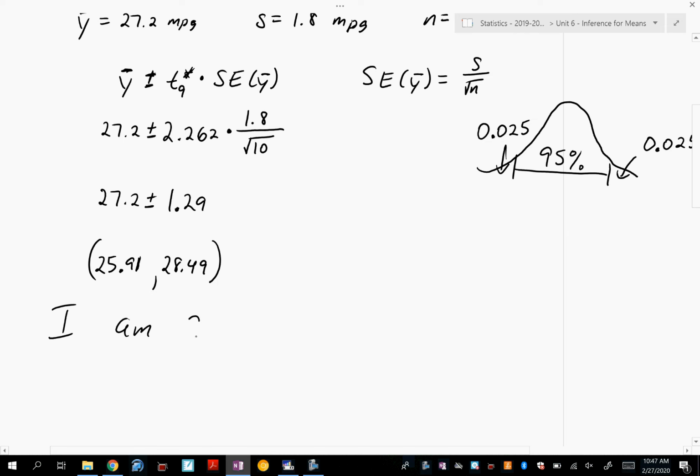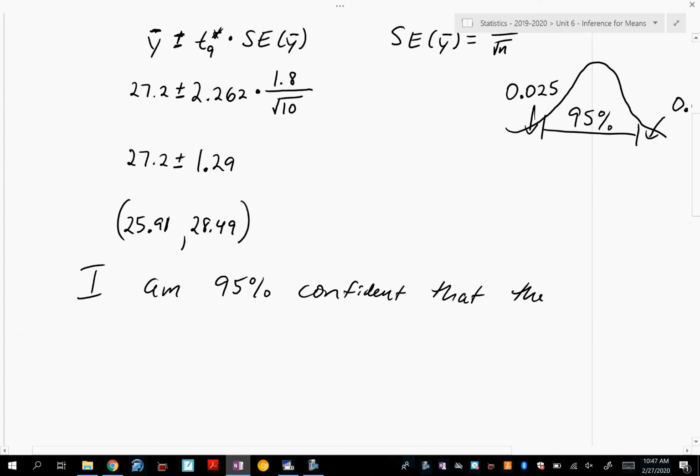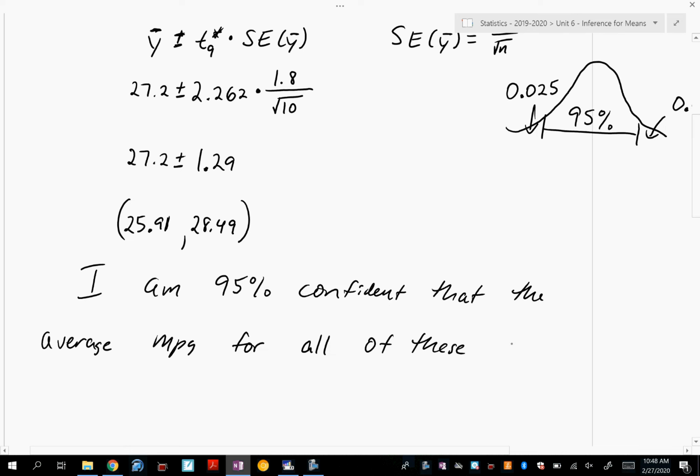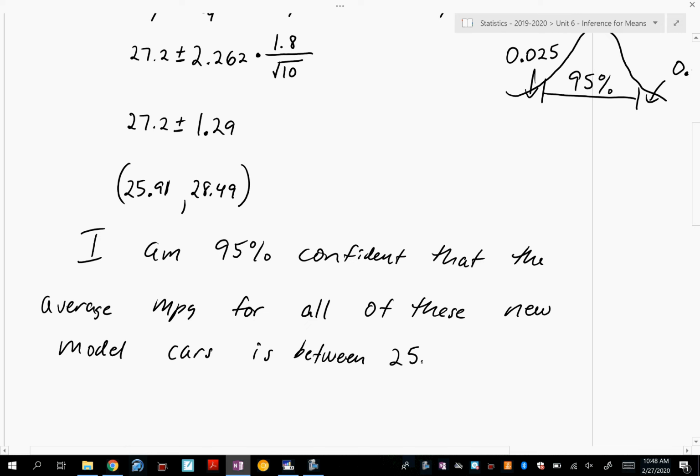I am 95% confident that the average miles per gallon for all of these new model cars is between 25.91 miles per gallon and 28.49 miles per gallon.